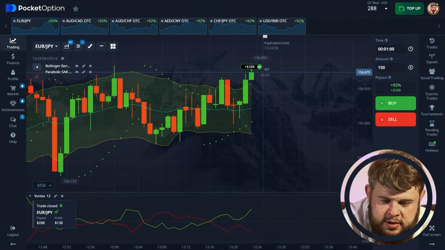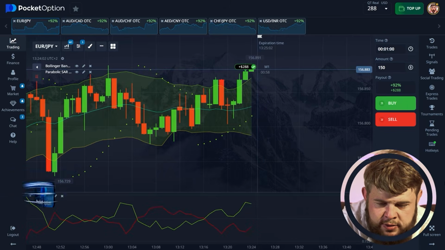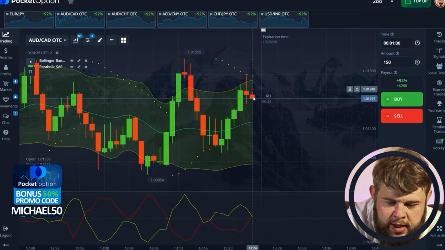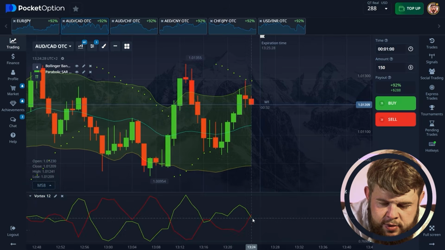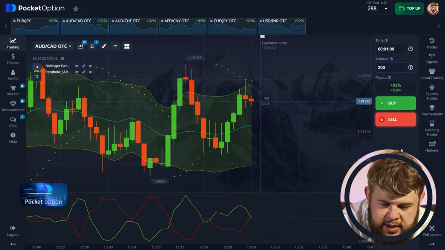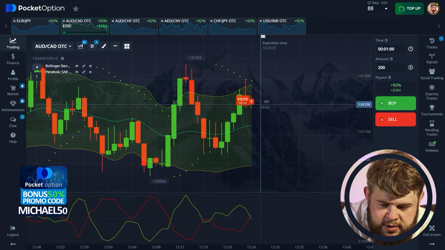So the first trade is closed with profit, and we have around $288 on the account. Let's proceed further. So now we have opened Audi CAD. According to this chart and Vortex, we are currently in the sell zone, so that's why let's open sell position, investing our $200.